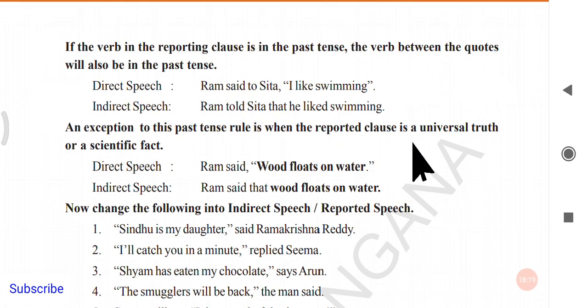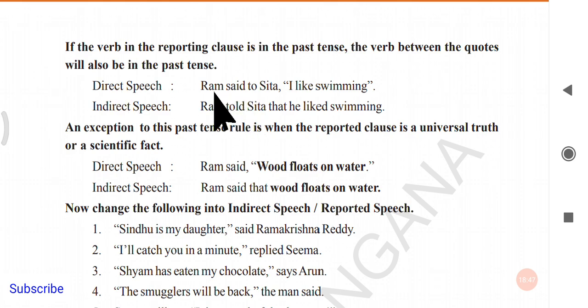In the previous rule, if the verb in the reporting clause is in the present, the information also remains in the present. But in this rule, if the verb is in the past, then the information in the quotation marks will also be changed into past.